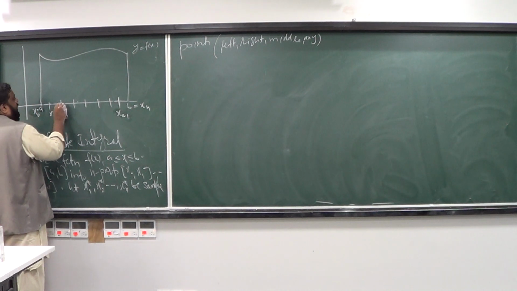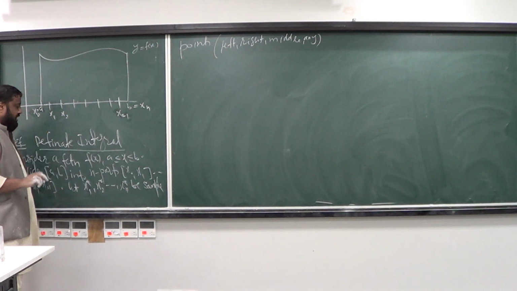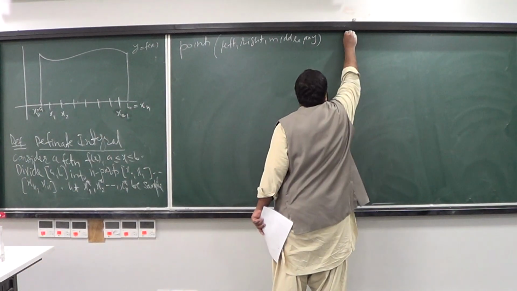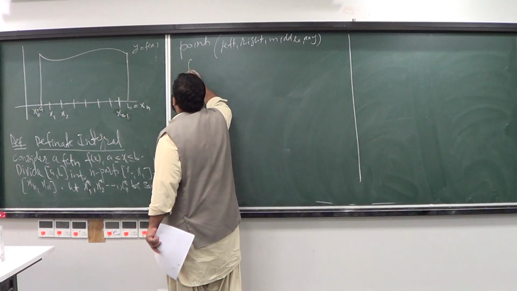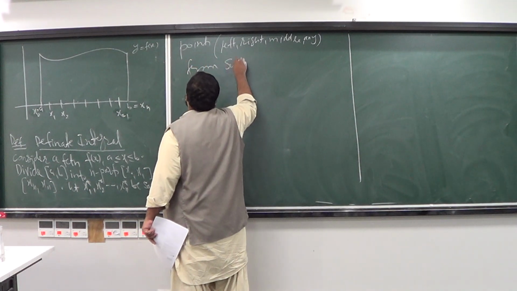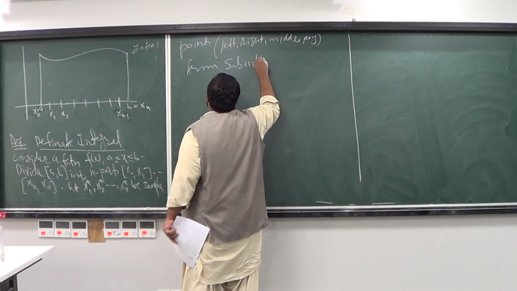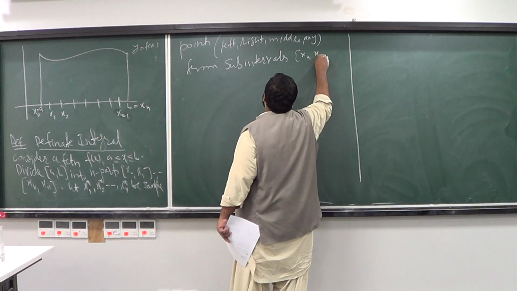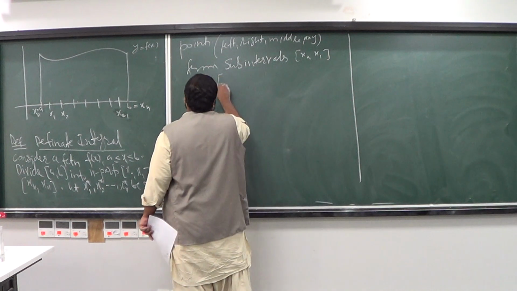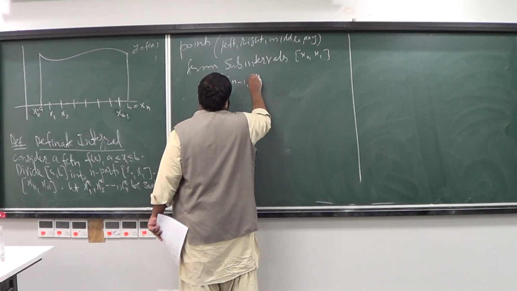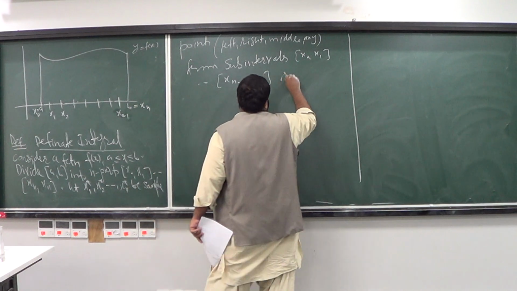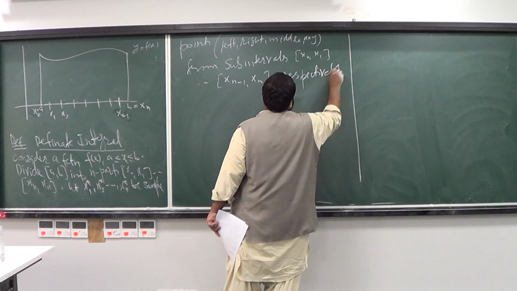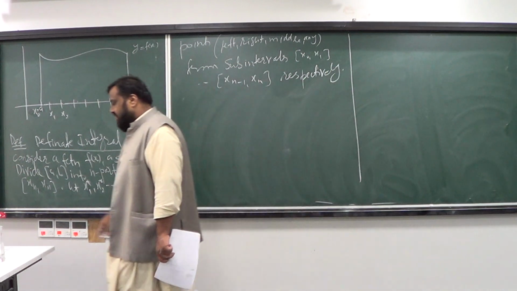So these are the sample points xi star taken from the subintervals x0 to x1 up to xn minus 1 to xn respectively.